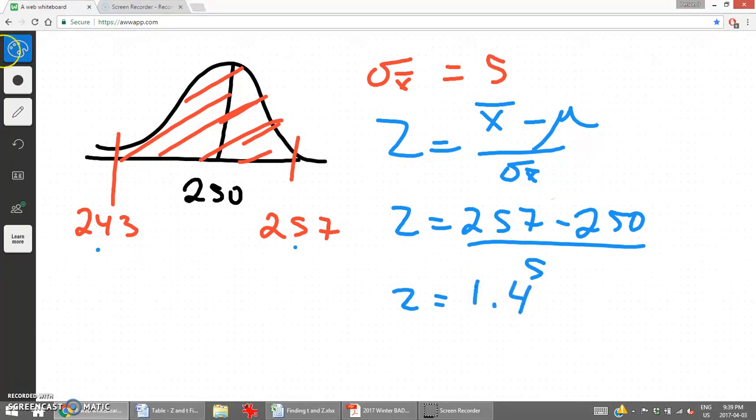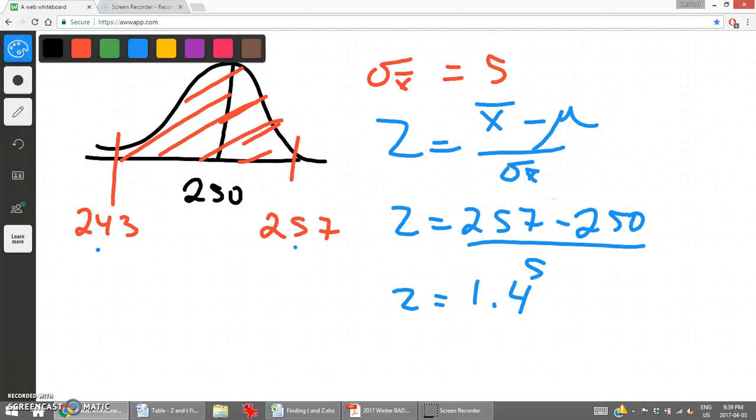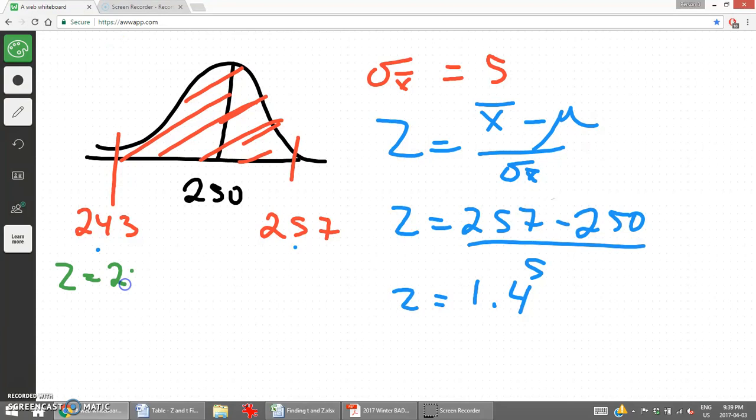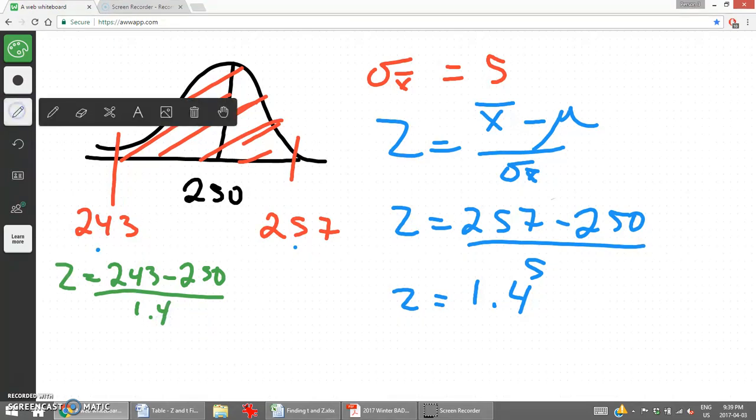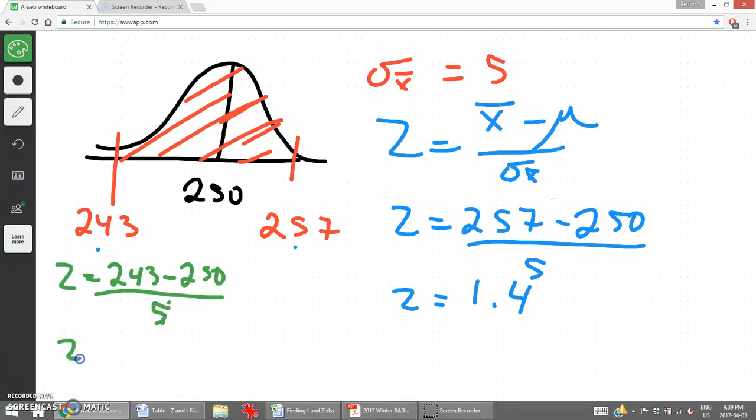If we were to do that for the lower end value, we would get Z would equal 243 minus 250 divided by 5. Sorry. Z value is going to be negative 1.4.